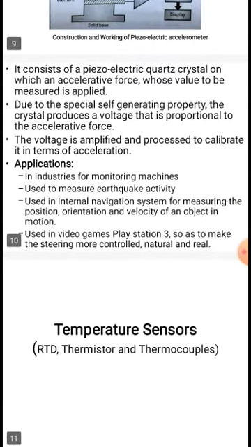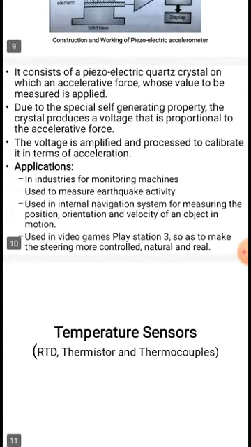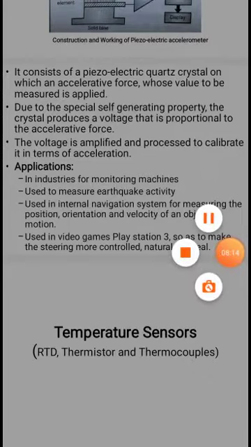Applications of the accelerometer: in industry for monitoring machines, to measure earthquake activity, in inertial navigation for measuring the position or velocity of an object in motion, and in video games like PlayStation 3 to make the steering more controllable and real.